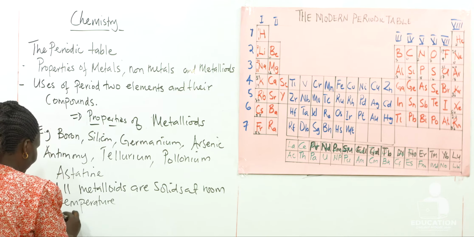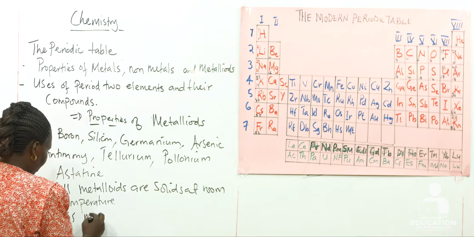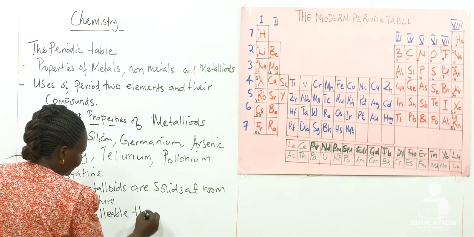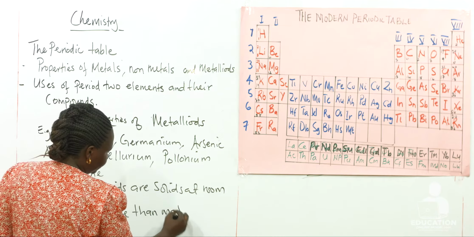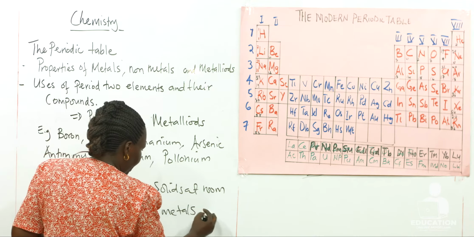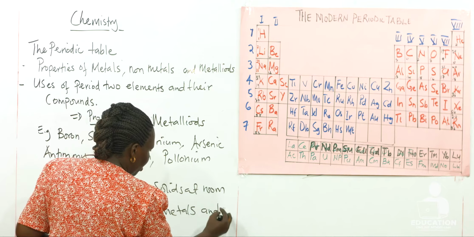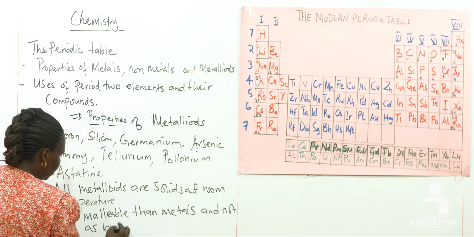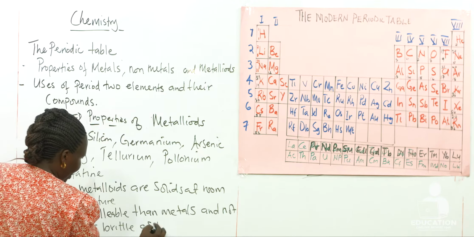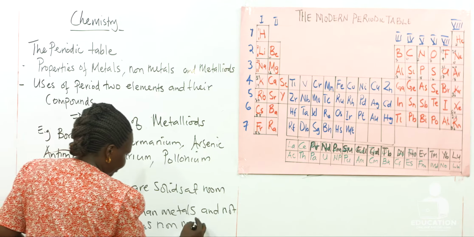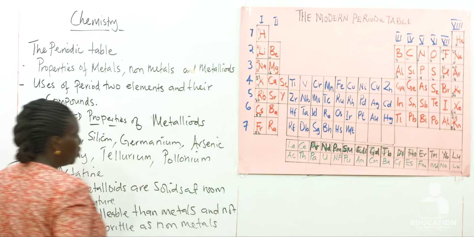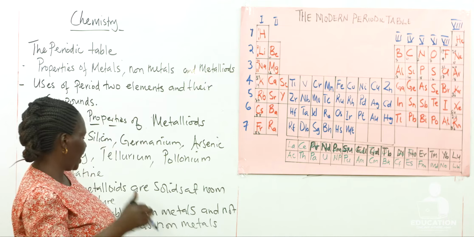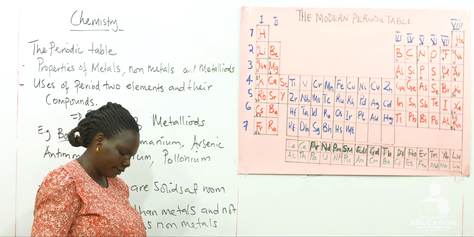They are less malleable compared to metals, and not as brittle as non-metals. So they are less brittle compared to non-metals, and also they are less malleable compared to metals.